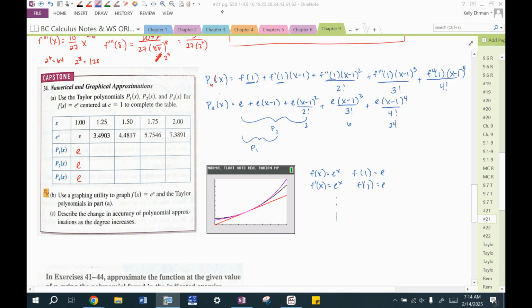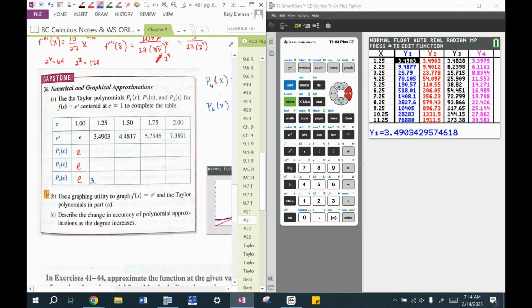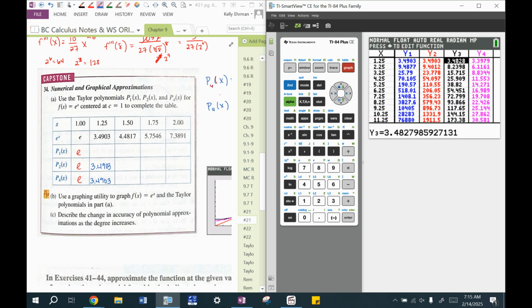Ignore Y1. That's where my actual function is.